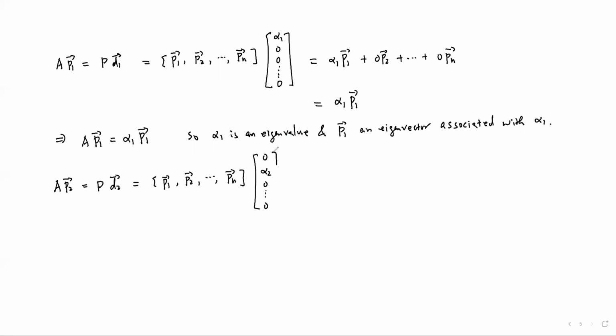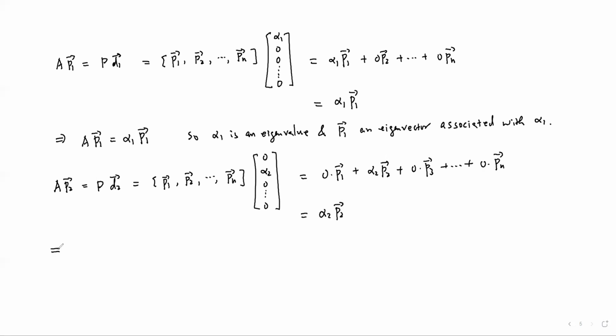It is the second column of the diagonal matrix. A matrix times a vector is a linear combination of the columns of the first matrix. So 0 times P1 plus alpha 2 times P2 plus 0 times P3 and so on, 0 times Pn. But 0 times P1 is a 0 vector, 0 times P3 a 0 vector, so this is alpha 2 P2.